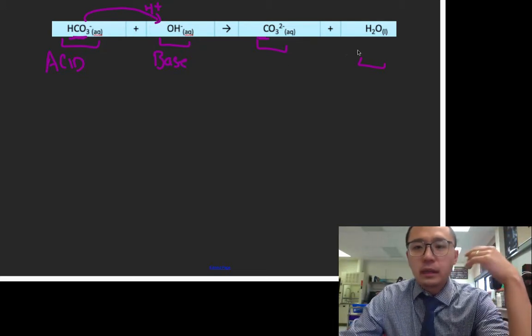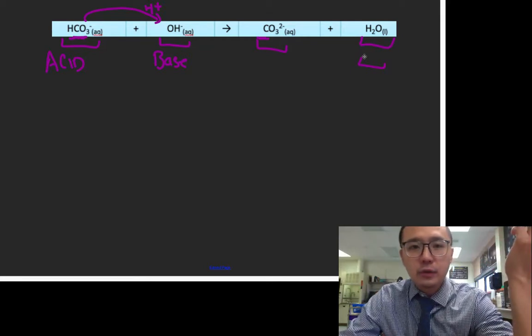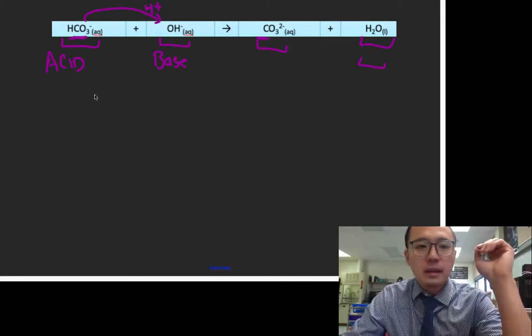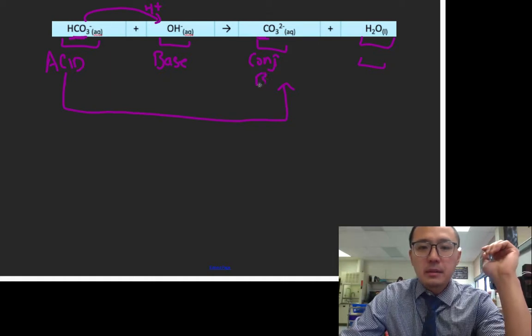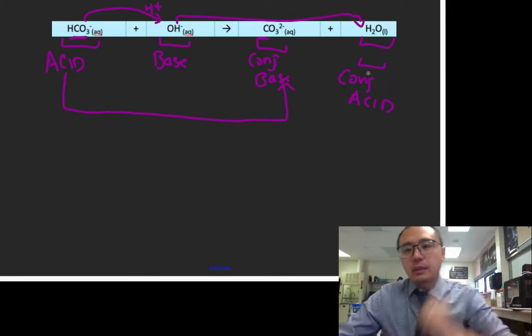All right, so let's look at your product side and see which one's your conjugate acid and which one's your conjugate base. Well, if the CO3 is your acid, let's connect this with your CO3. This one must be your conjugate base. And then for OH, we're going to find the same skeleton in water, and this one must be your conjugate acid. So we can even look at the product side.